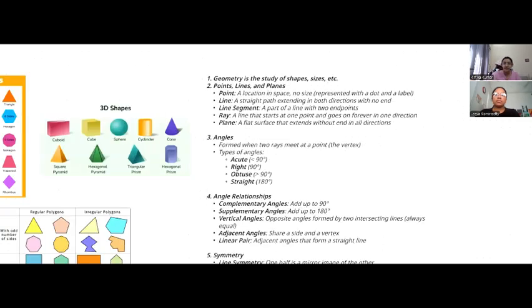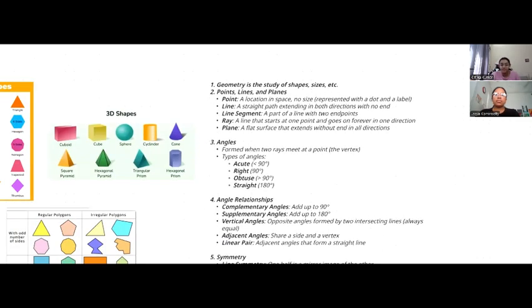So we know that there are points, lines, and planes. A point is basically just a dot. That does not look like a dot, but we're going to say that's a dot. So that is a point. A point is a location in space. It has no size, and like I said, it's represented by a dot and a label.